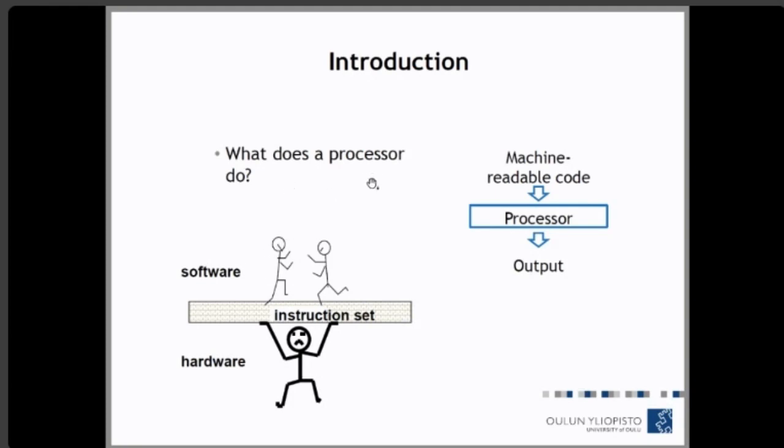That code, through a compiler or some translator, is translated to the instruction set of this specific processor. So if you write code for a desktop computer, the compiler for the desktop computer generates appropriate machine code that matches the instruction set of the desktop computer.